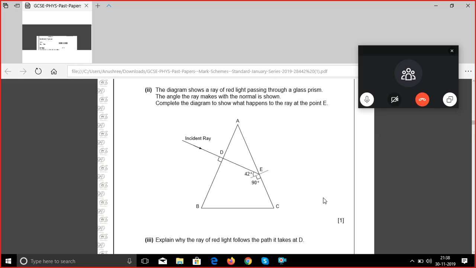Okay. So to complete the diagram to show what happens to the ray at the point E.